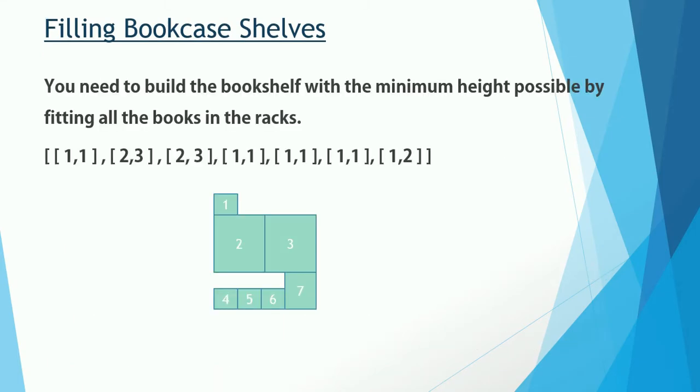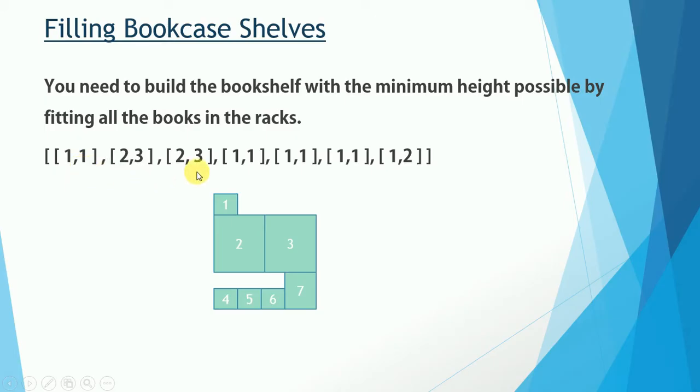Your final ask is to build the bookshelf with the minimum height possible by fitting all the books in different racks of this bookshelf. This is the final ask. So here are the books given to you. Like I said, there are 2 attributes of a particular book. Number 1 is thickness, number 2 is height. So here from 1, 1, you can say that the first one represents the thickness, the second one represents the height.